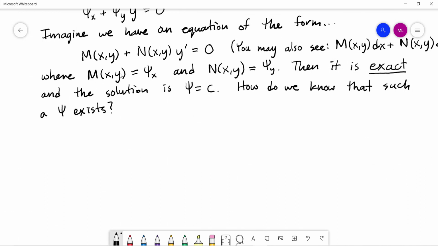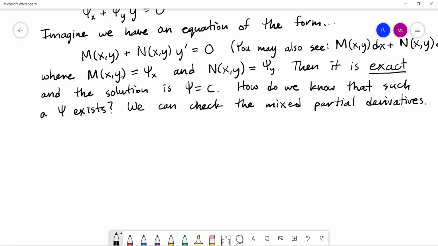So we can check the mixed partial derivatives. And again, if you've taken Calc 3, this will make sense.